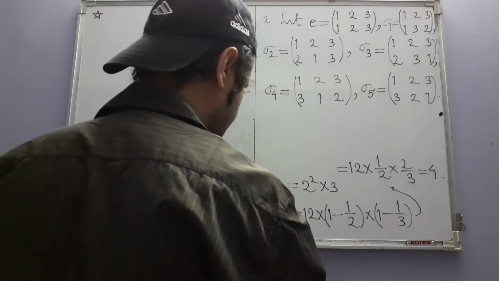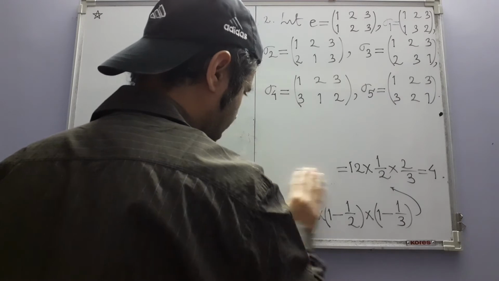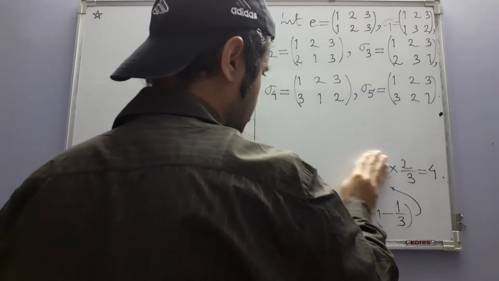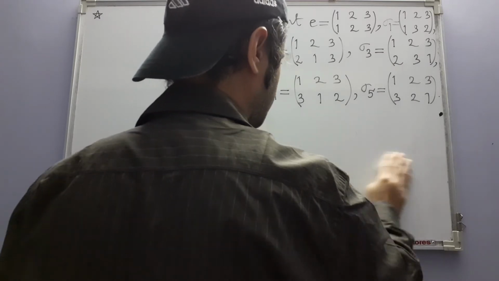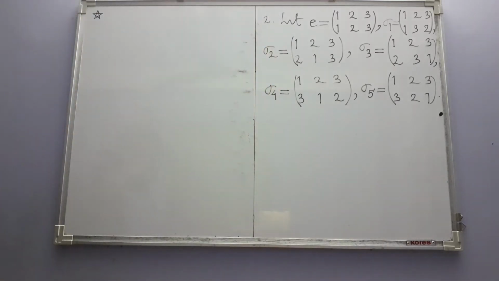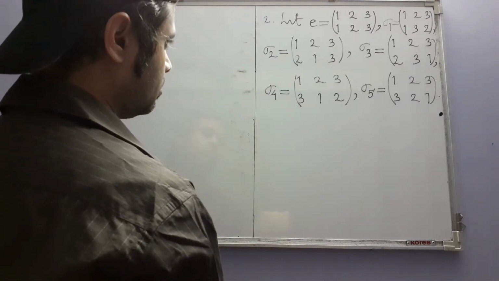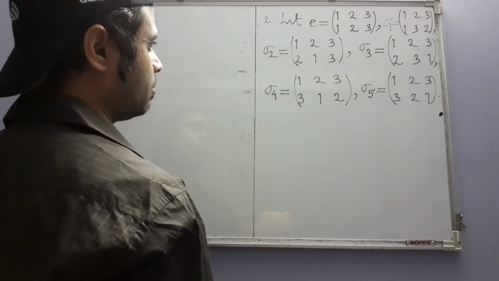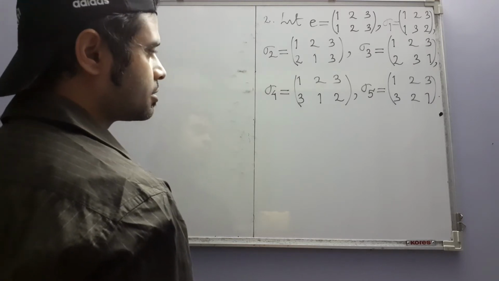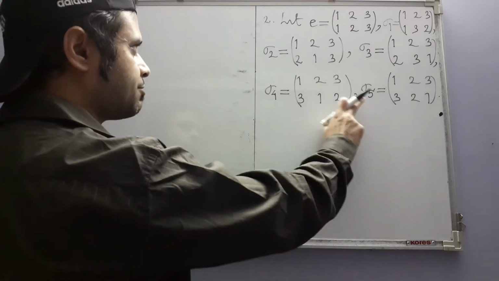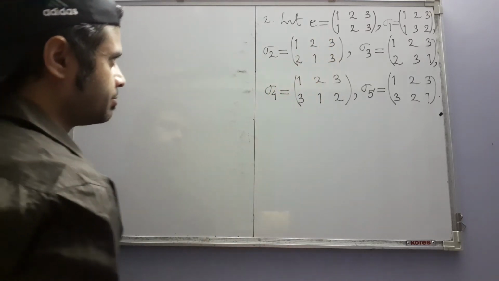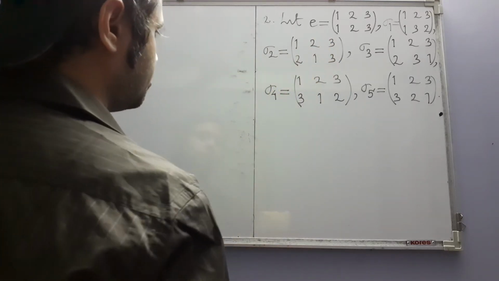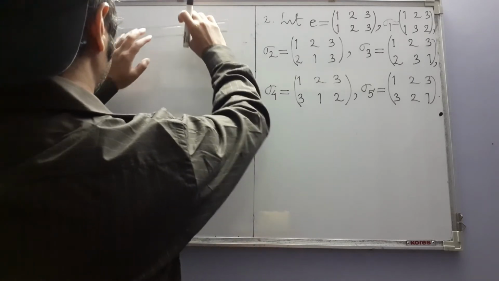Let me create some space here also for our calculations. There are 6 elements, 5 sigmas and 1 identity. This is going to be identity, which we already know. So that means there should be 7 rows and 7 columns.